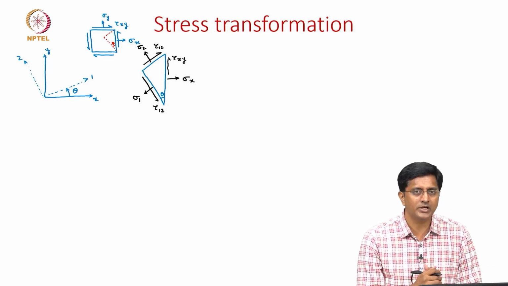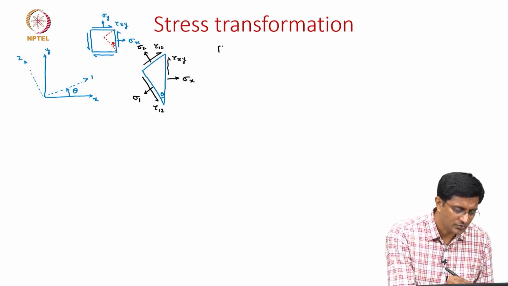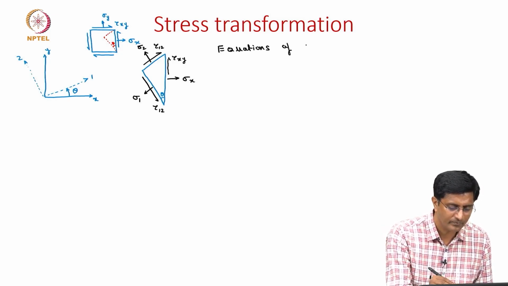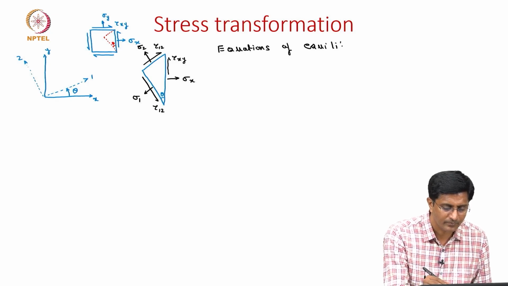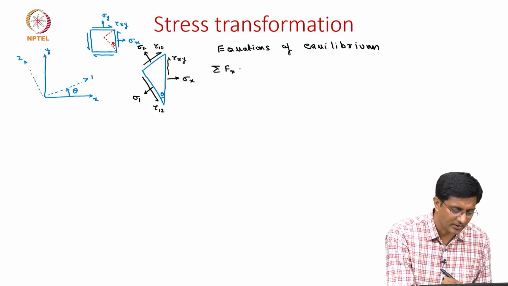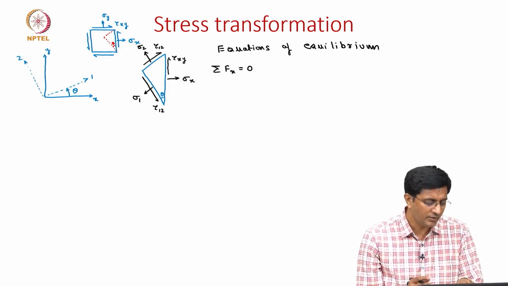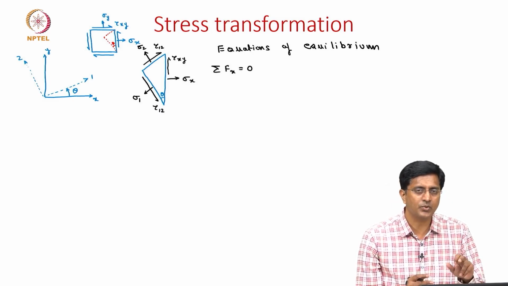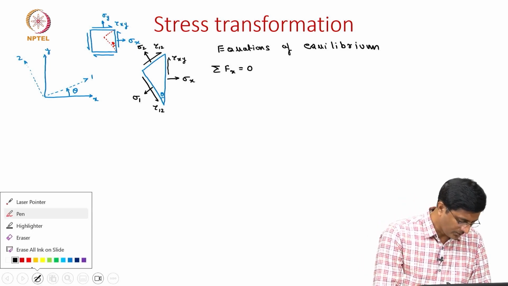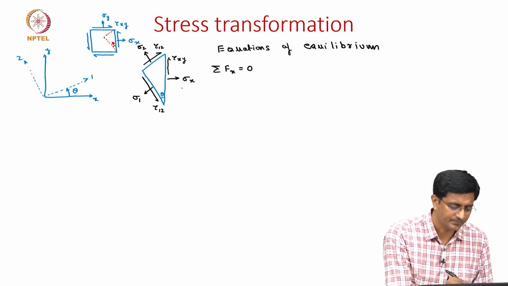For this we bring in the equations of equilibrium. We can start with the summation of Fx equal to 0. So, we will write the equations of equilibrium, starting with summation of forces acting in the x direction equal to 0. Since we need to find the forces, we need to multiply these stresses with the corresponding area. So, now let us see what is the corresponding area. On this right plane the area is simply dy times the unit depth.